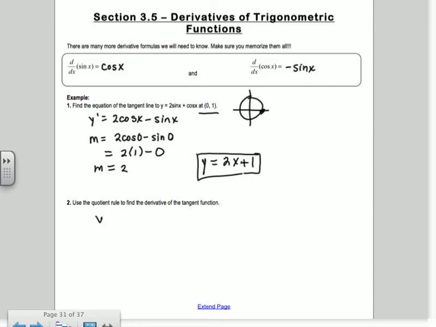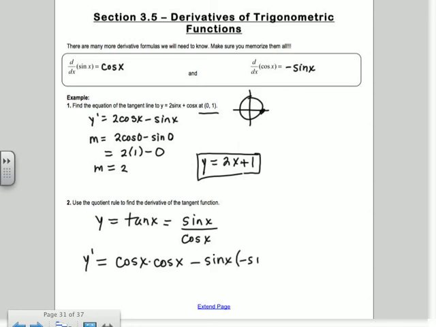Okay, so if I'm finding the derivative of tangent, and I really did just forget, or I'm freaking out on the test and have no idea, y is equal to tangent of x, which is sine of x over cosine of x. If you can't remember that, you're really in trouble. So take the quotient rule. Low is cosine of x, d high is the derivative of sine, which is cosine, minus high, d low, so negative sine, all over the square of what's below.